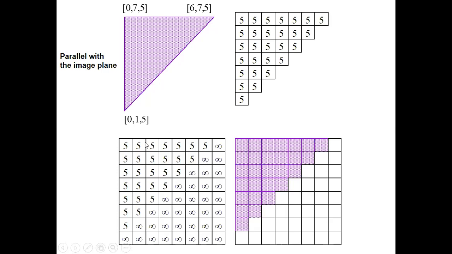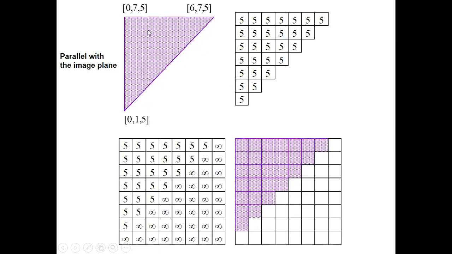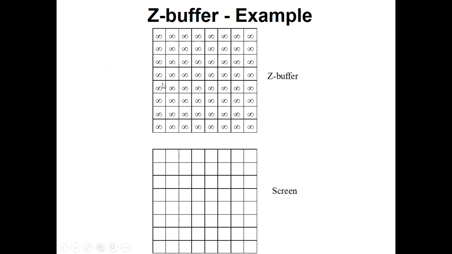Now we'll focus on the top minus second row. We have 8 infinities here initially, and in top minus second we have 5 fives here. So replace those with 5 fives, and 3 infinities remain as such. Next, top minus fourth row, all infinities, that is 8 infinities.